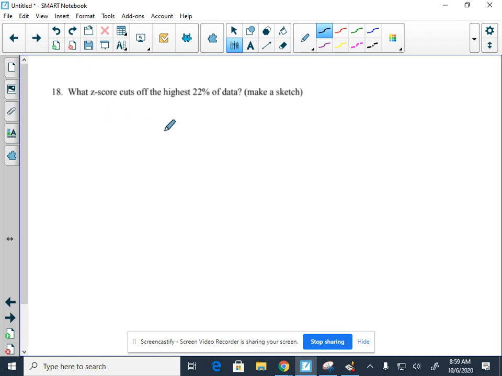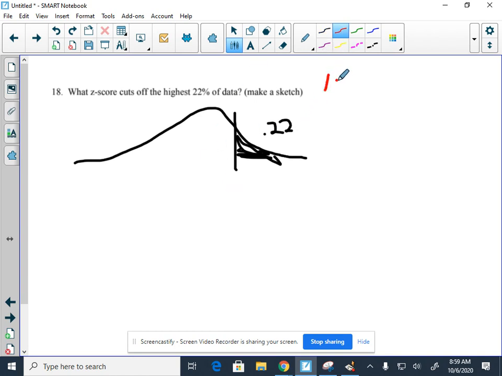Number 18. What Z-score cuts off the highest 22%? Now the highest 22% is somewhere on the right, but the inverse norm feature does not do areas to the right. So you have to first take 1 and subtract 22% and get 78. And that's what's got to go in for the area.